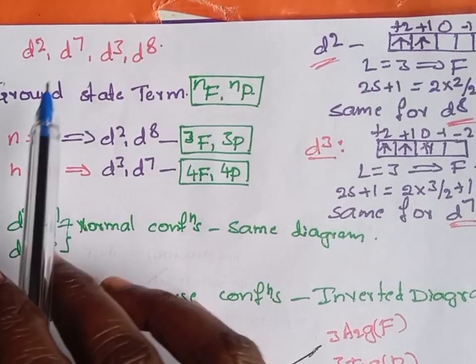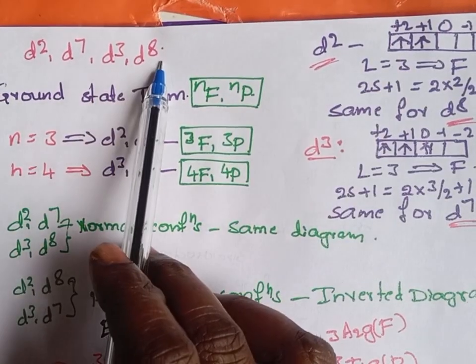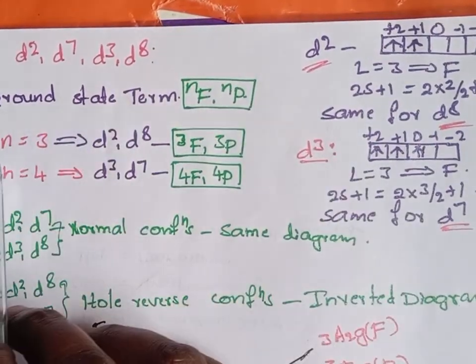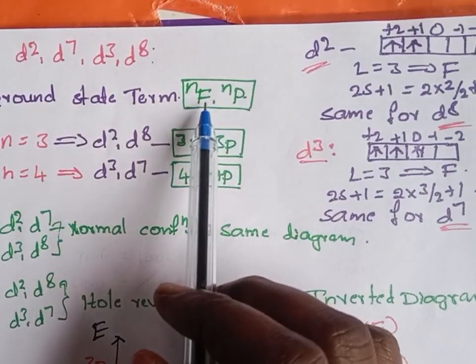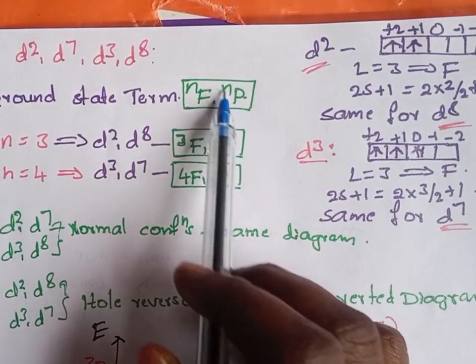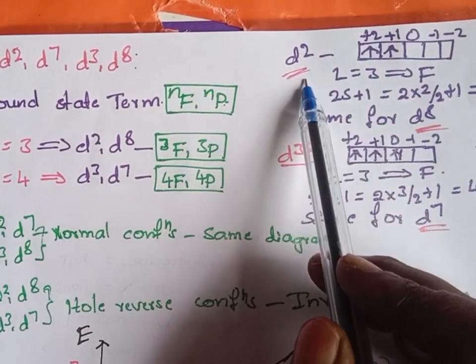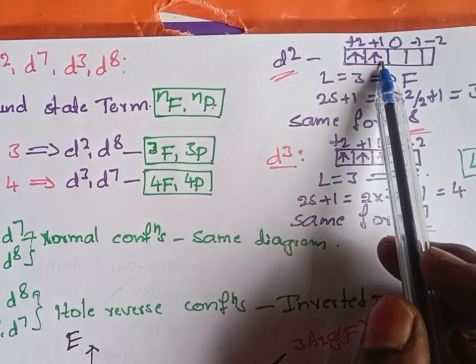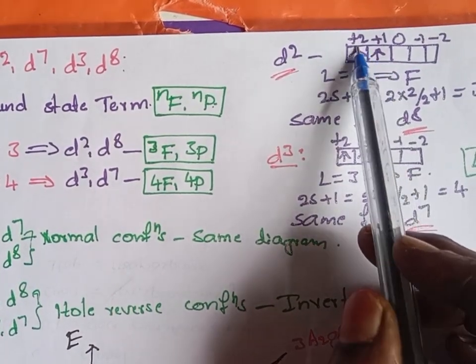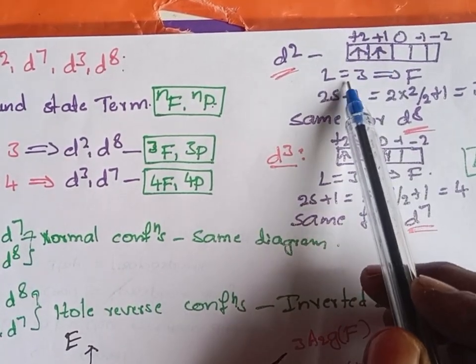So if you see the second set of configurations, that is D2, D7, D3, D8, the ground state terms for these configurations are F and P. If we see D2, 2 electrons are occupied in l = plus 2, plus 1. So L is 3.